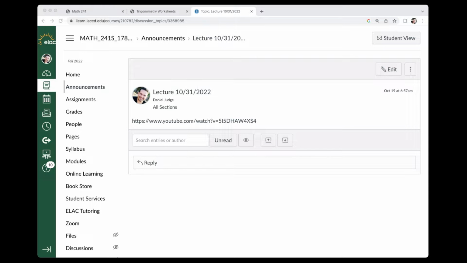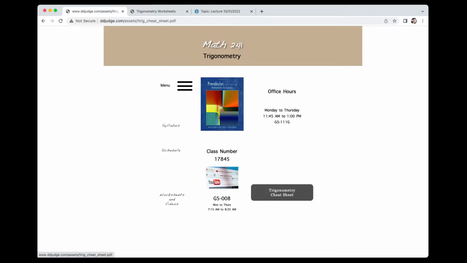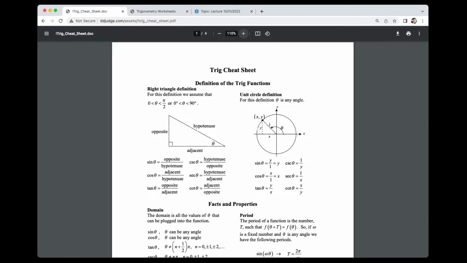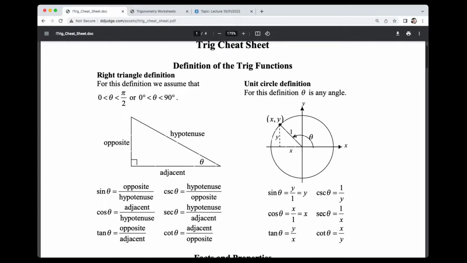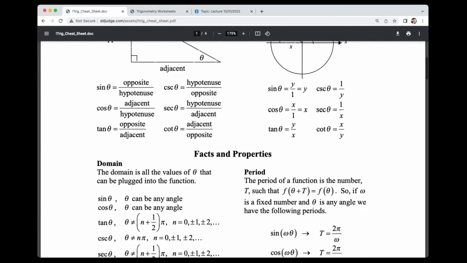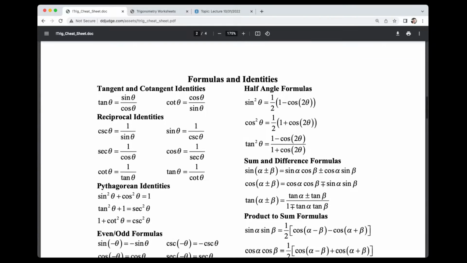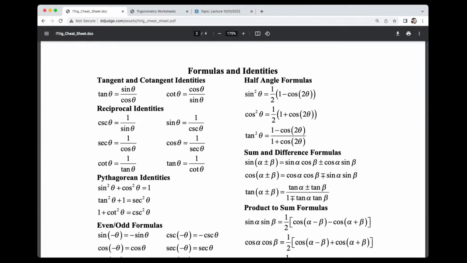What we're going to start to explore is this: if you ever take any sort of trig course, you get this trig cheat sheet. If you take a deep dive into that cheat sheet, you'll see definitions, and then a whole bunch of formulas called identities. The question becomes, where do these identities come from?